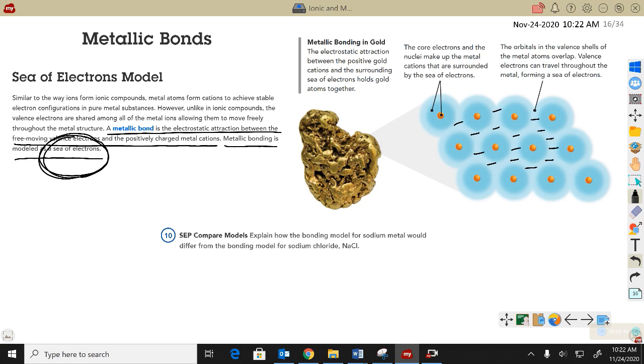And so it's hard to say where the electrons are exactly going, which is a little different than traditional ionic bonding.